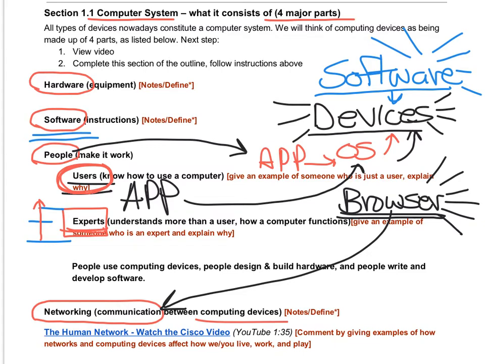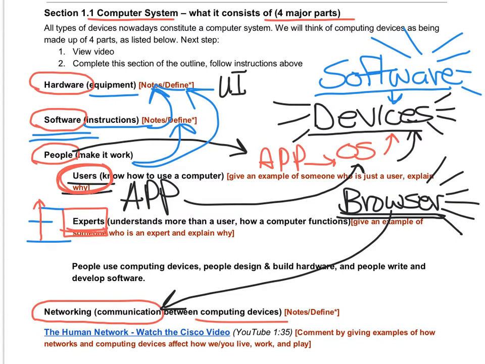So, let's review. We have the actual equipment, the devices. We have the instructions that tell the device what to do, and we as people communicate to the device through the instructions. Okay? Give you another term here. Some type of user interface.